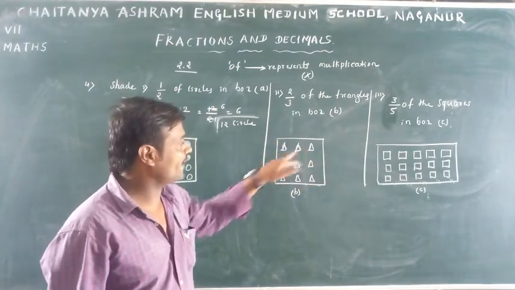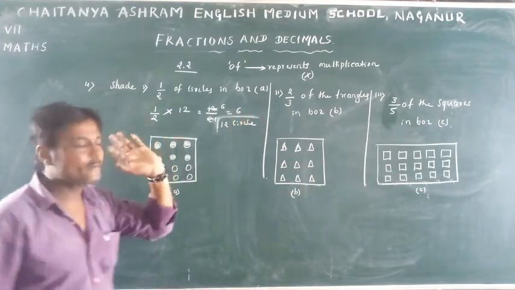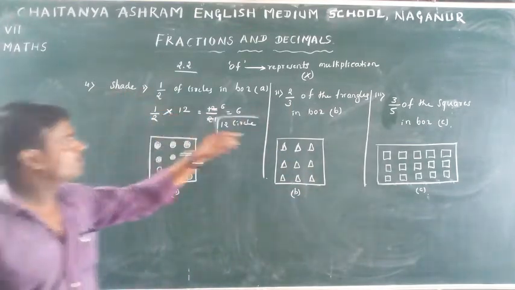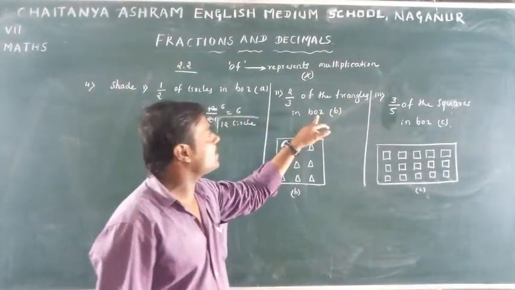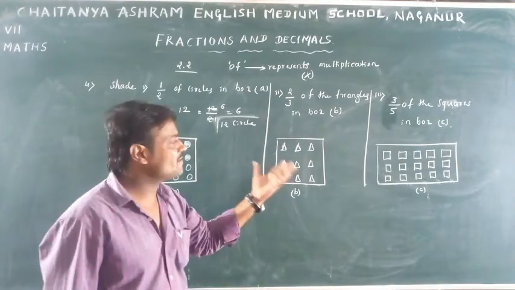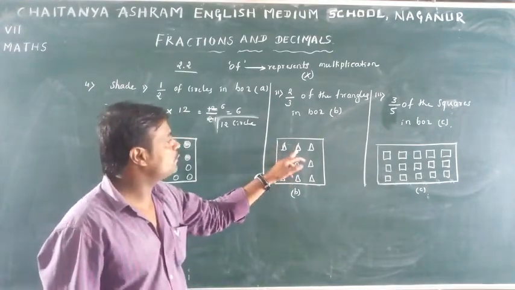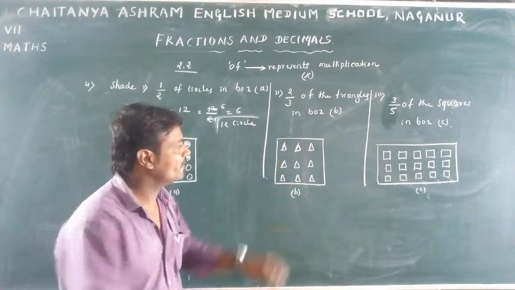Okay. Related to diagram B, there is a box. There are some triangles. Shade 2/3 of the triangles in the box. First count the number of triangles in the box. 1, 2, 3, 4, 5, 6, 7, 8, 9.